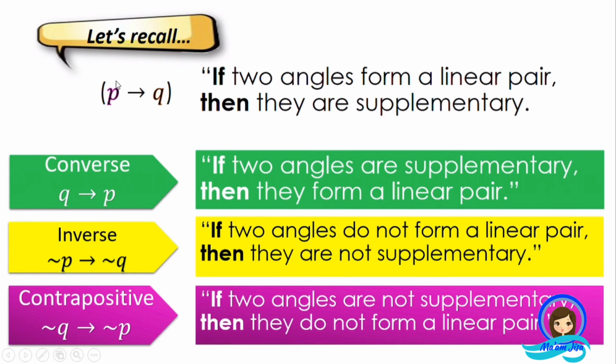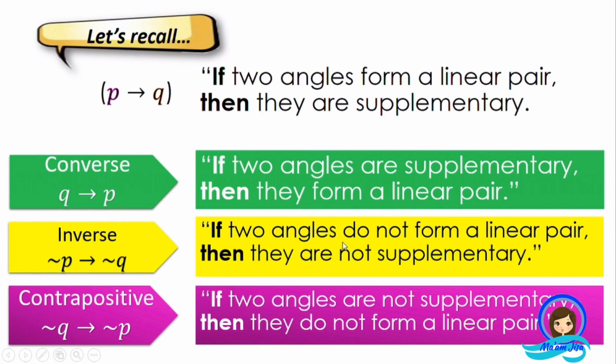My dear students, to find the different forms of conditional proposition, you just have to follow the format for its converse, inverse, and contrapositive. And as I've mentioned earlier, the converse is logically equivalent with its inverse. Similarly, the conditional is equivalent with its contrapositive.